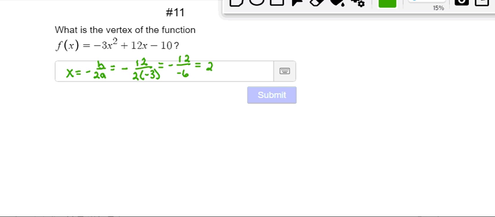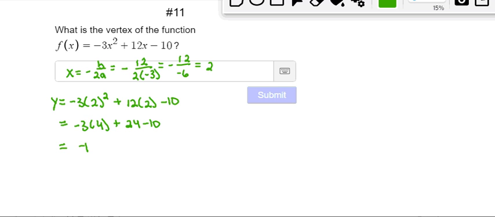Now we need to substitute that and say y equals -3 times 2 squared plus 12 times 2 minus 10, which is -3 times 4 plus 24 minus 10, which is -12 plus 14 equals 2. So our vertex here is 2, 2.